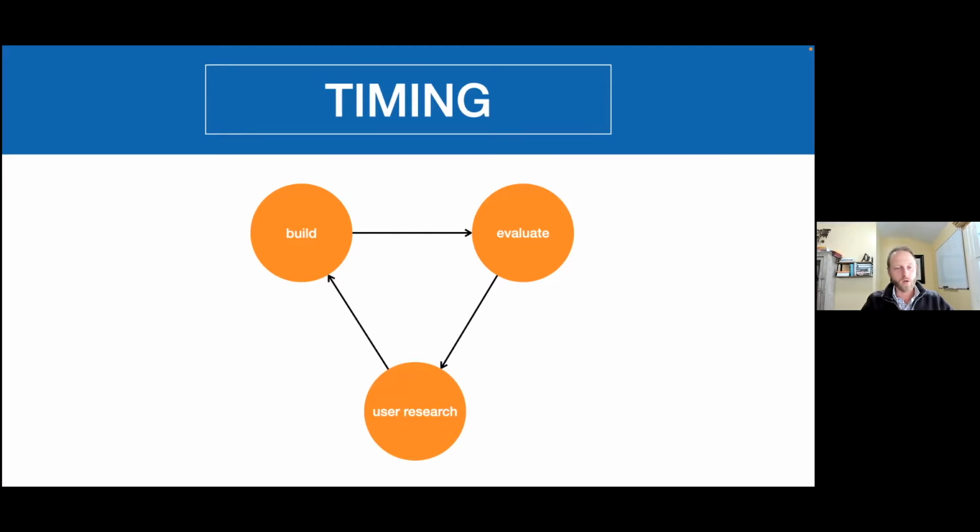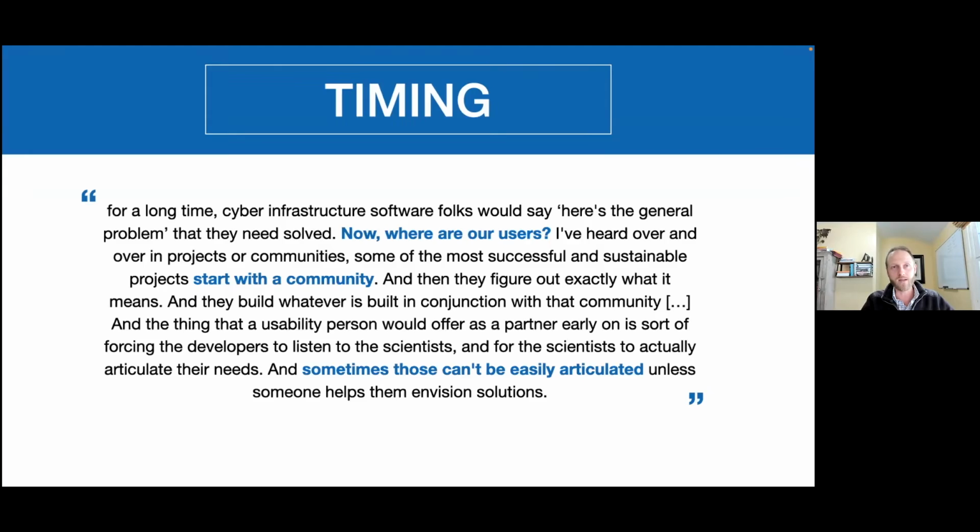What I want to show next is a quote from a participant in this interview study that may or may not seem obvious, but I think there's some interesting nuance there. This participant is describing their experience after working with us, and describing how people think about user-centered design and usability.